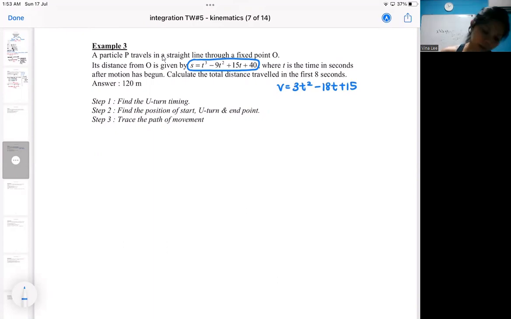So the steps will be: find out the change in direction first. So that's what I will do. I'll find out the change in direction by setting the velocity to 0. If I set velocity to 0, I get a quadratic expression.